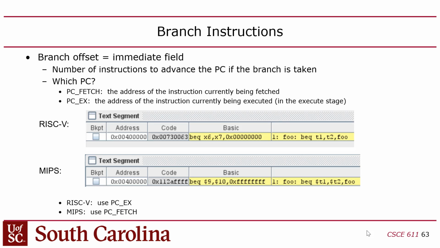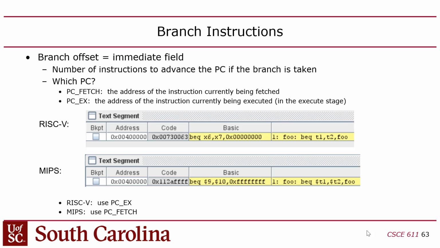Well, that does make a difference in how you calculate the branch target address. The way I always think of it is that in MIPS, if you wanted to branch to yourself, your branch offset would be -1. So your branch offset of -1 would create a self loop. In RISC-V, the branch offset of 0 creates a self loop.